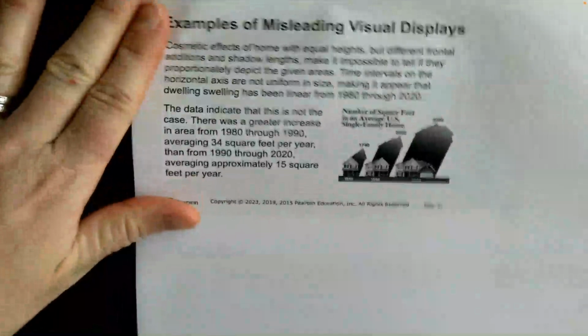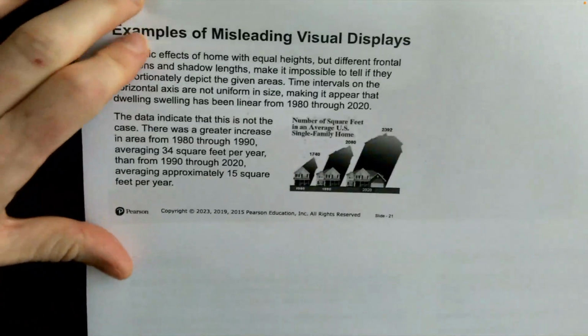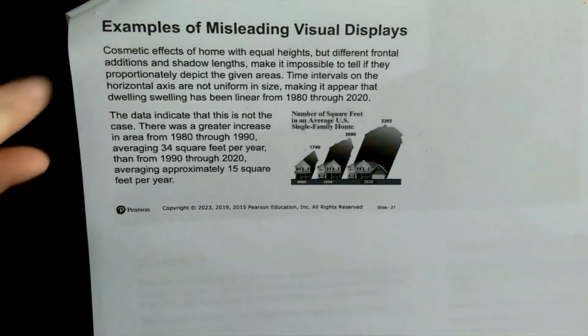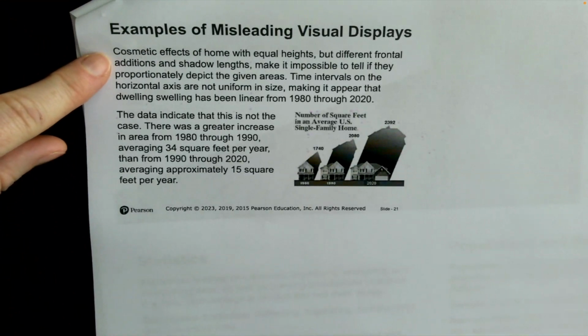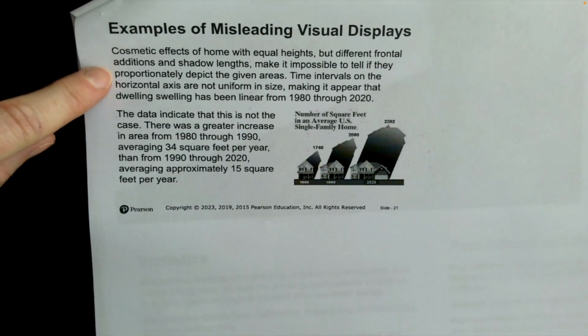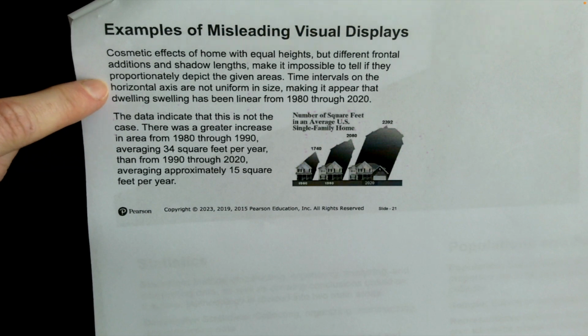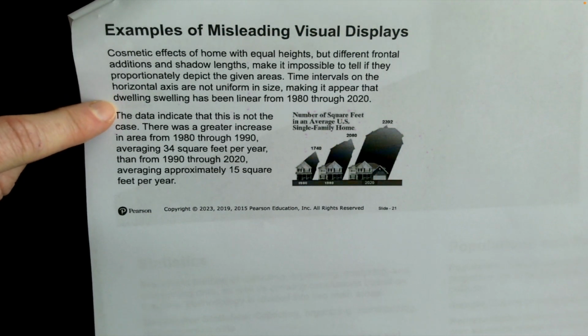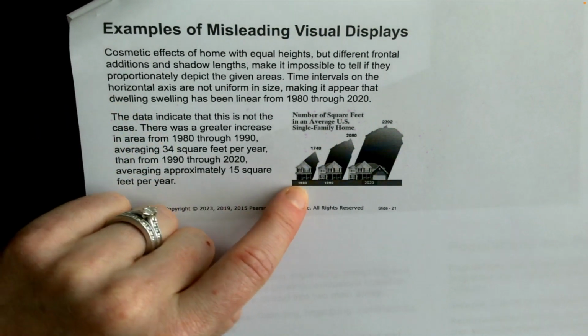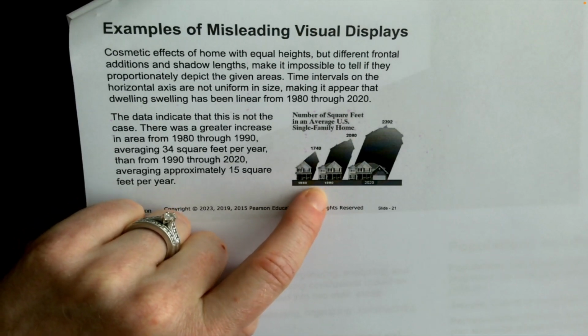Here's an example of data that can make you think one way or another. Cosmetic effects of homes with equal heights but different frontal additions and shadow lengths make it impossible to tell if they proportionally depict the given area. Time intervals on the horizontal axis are not uniform in size. So we have 1980, 1990, and 2020.